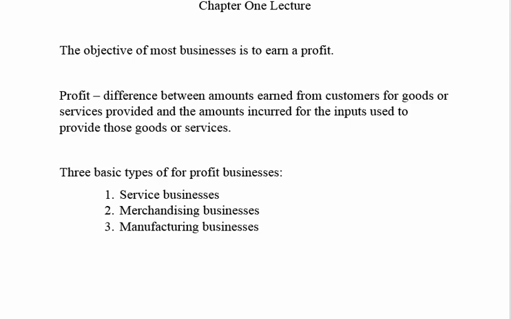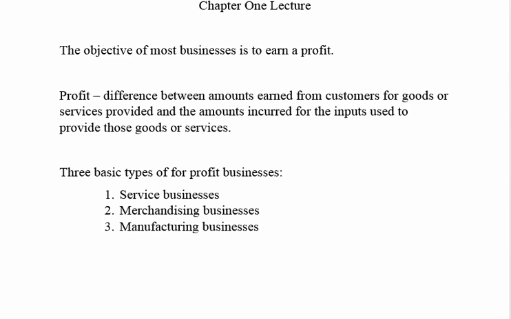Another good example to me is a taxi service, or one of my new favorite businesses, Uber, which is a kind of modern ride-sharing type of taxi. Anyone who provides you with a service for a fee. And here in financial accounting, in the first 4 chapters, we're going to deal strictly with a service business.